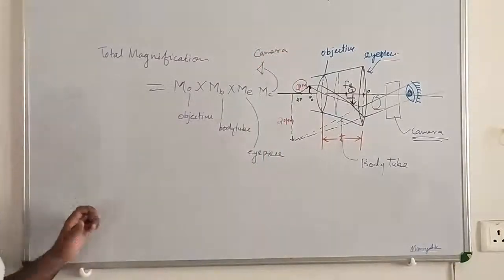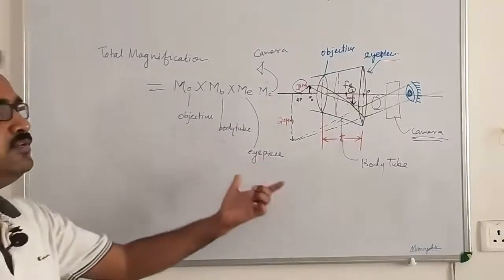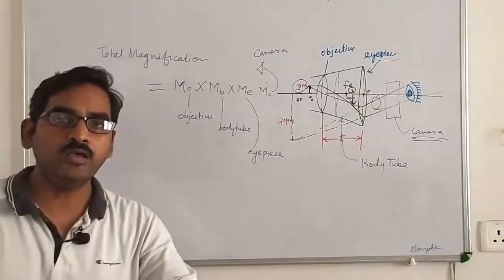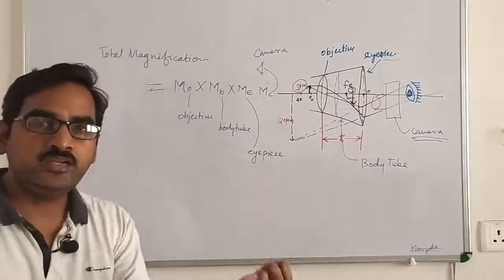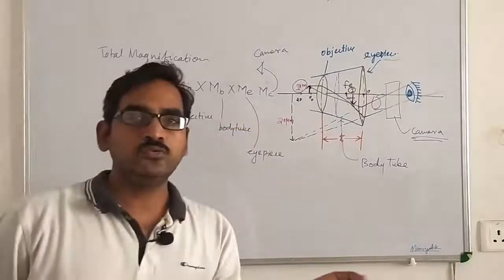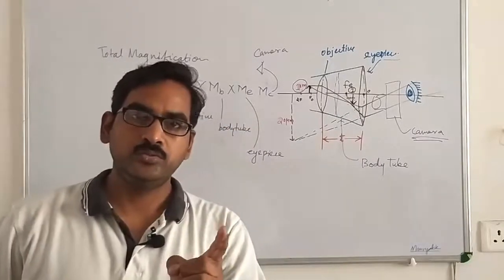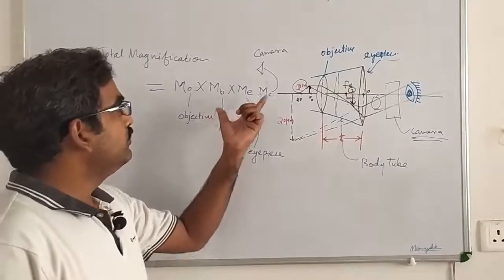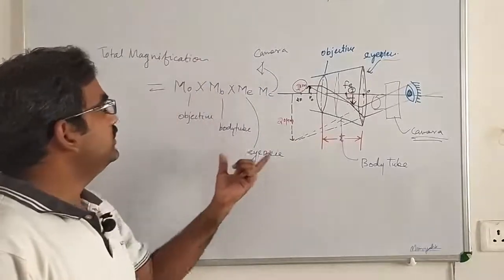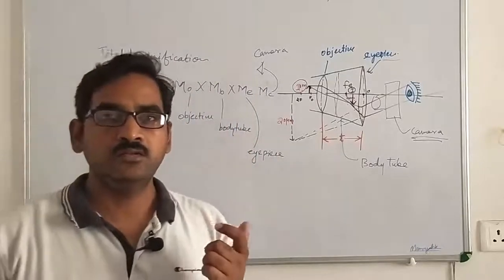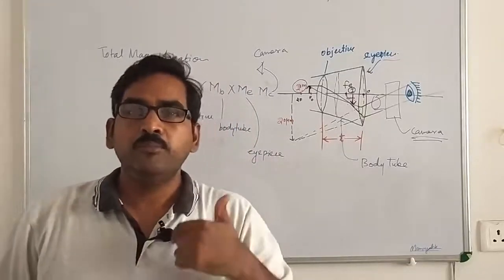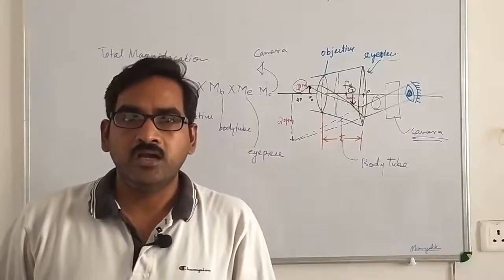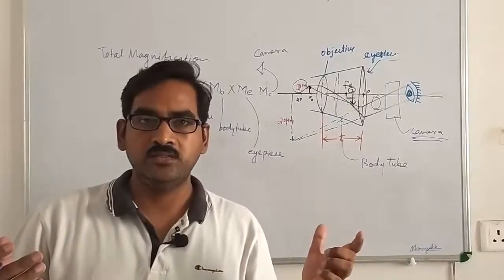Okay, so total magnification is highly modified, and it varies from microscope to microscope. So you must see what other magnifications are imparting their effect on the total magnification.